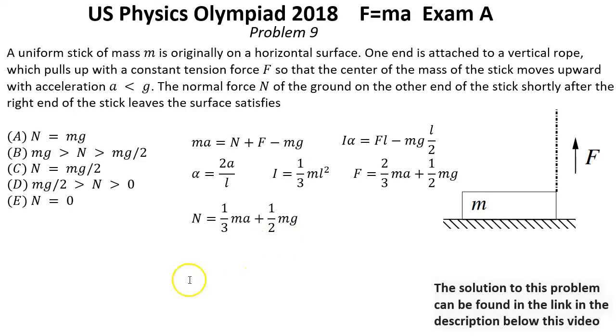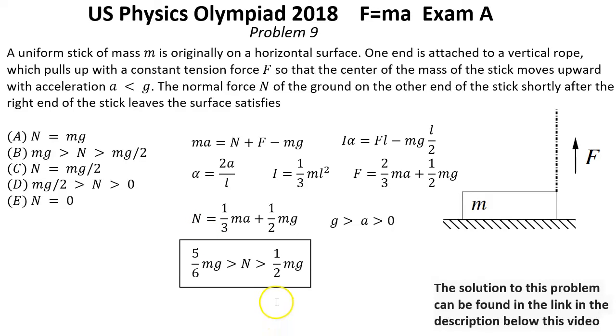And now, because we know the inequality for acceleration a, that it's greater than 0 but less than g, we can finally find the limits for the normal force. That will be between 1/2 mg and 5/6 mg. If we check the answers, we can see that only B can satisfy these limits. So B is the answer for problem 9.